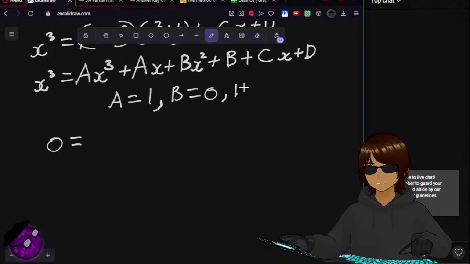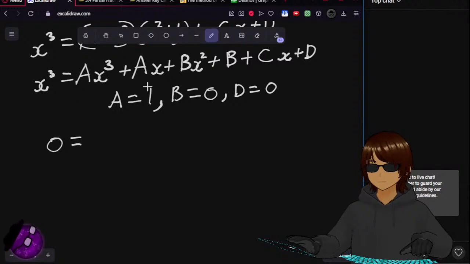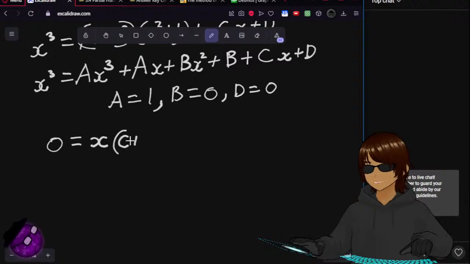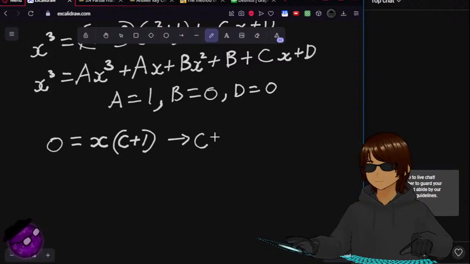Also, d is 0 because there's no constant on this side. So we are left with x and cx. X is c plus 1. But c plus 1 is also 0. Therefore, c is negative 1.